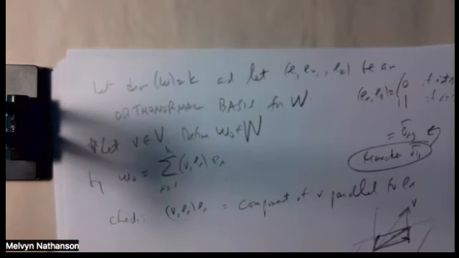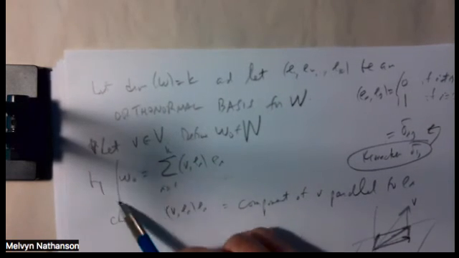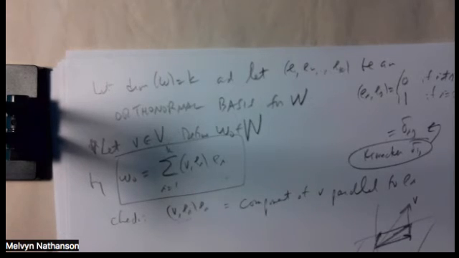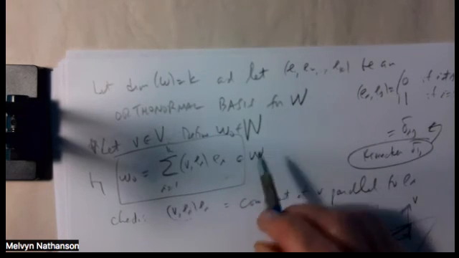So this is my W0. I haven't drawn it so well. So I'm saying for any vector V in the vector space, define W0 to be equal to this. And this is certainly in W.